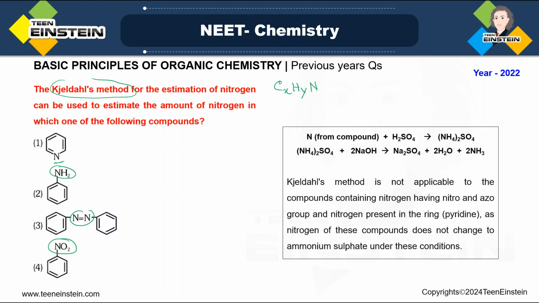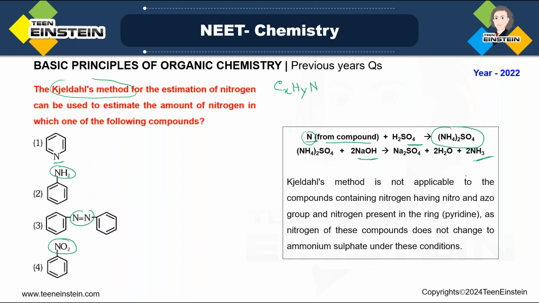Now in Kjeldahl's method, what happens? When we treat the molecule with sulfuric acid, the nitrogen from the compound forms ammonium sulfate. Now this ammonium sulfate, in the next step we treat with sodium hydroxide.